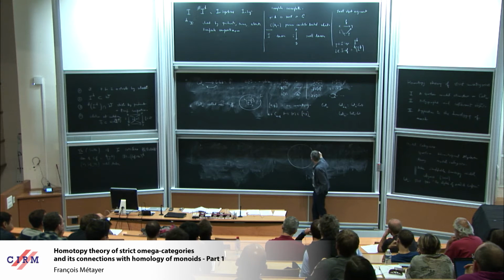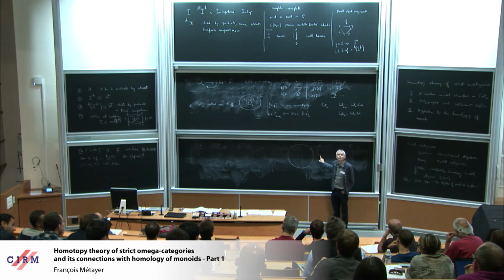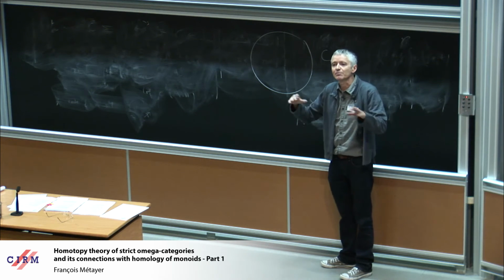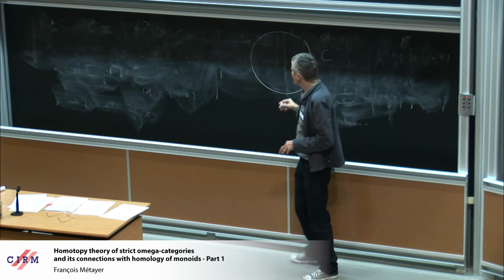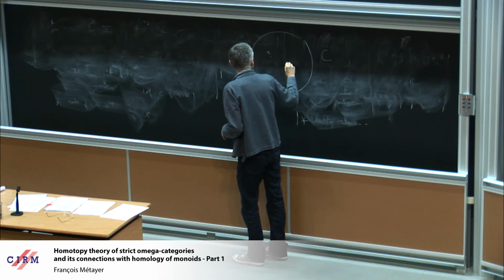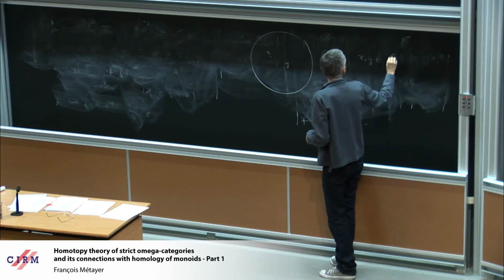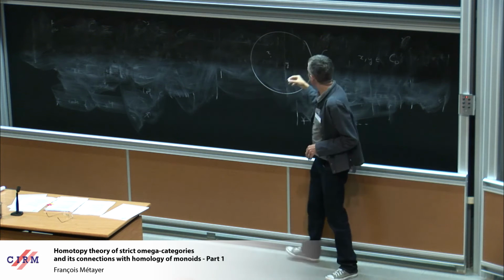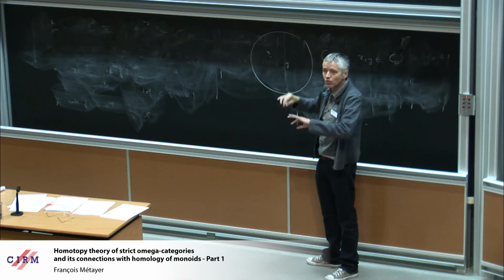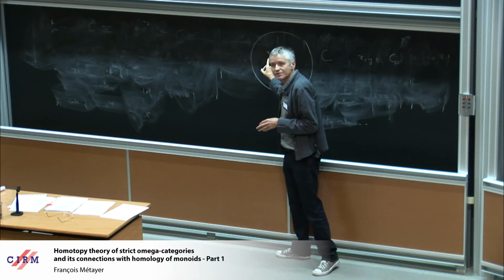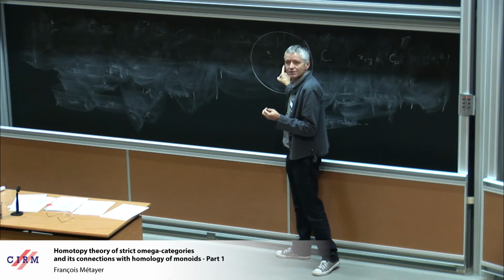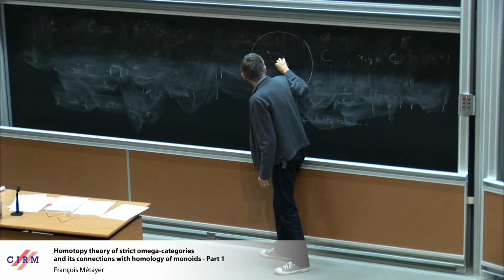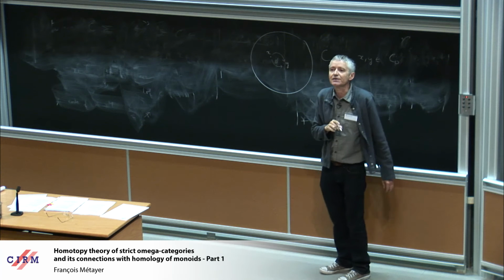Okay, this is the category you start with. Okay, that's C, an omega category. So this C has cells of all dimensions: C0, C1, C2. Okay, and I pick two 0-cells, X, Y, in C0. Okay, and then I may consider all n-cells in C which have as 0-source X and 0-target Y. So one example is a 2-cell which looks like this.